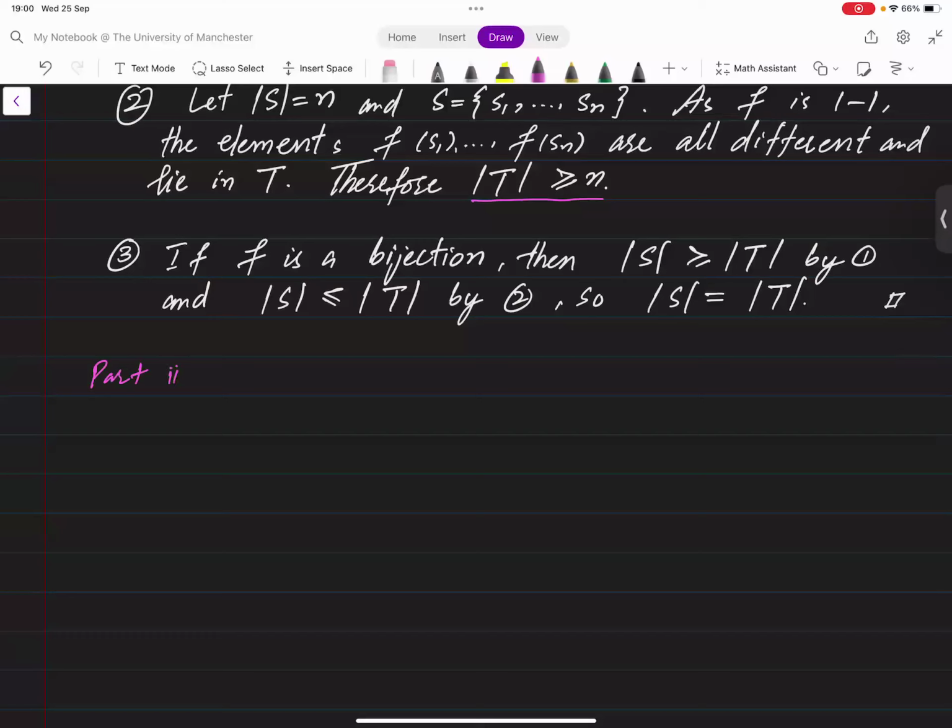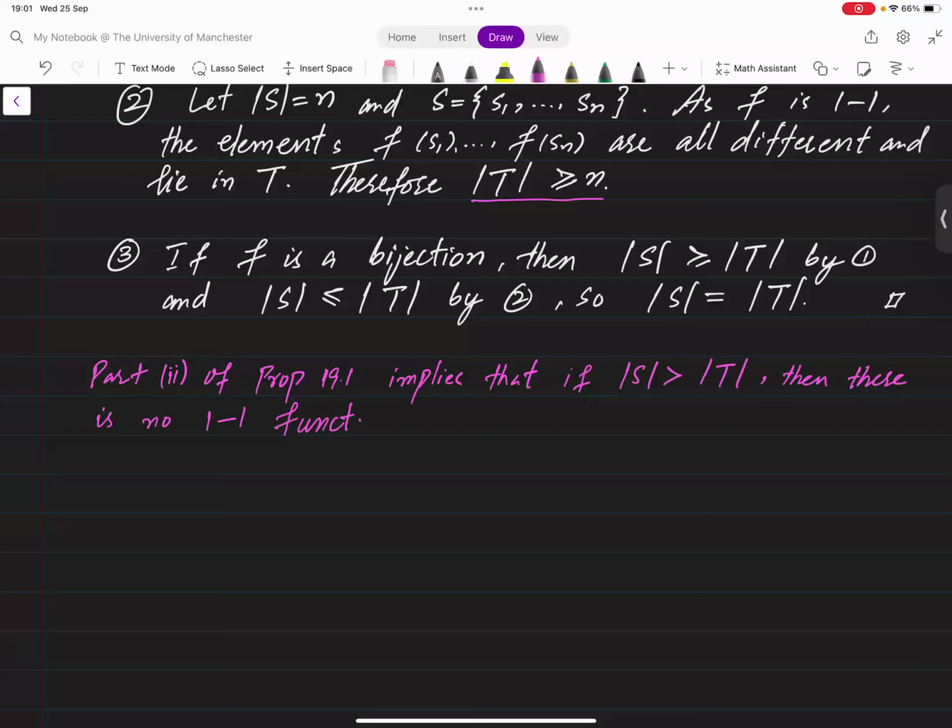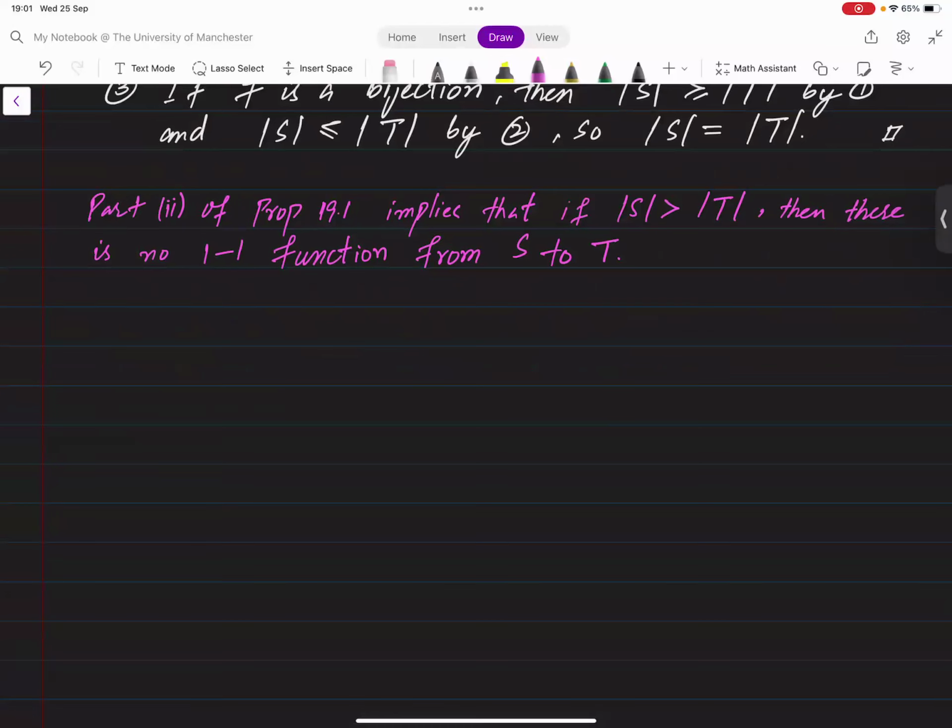Part 2 of proposition 19.1 implies that if order of S is greater than order of T, then there is no one-to-one function from S to T.